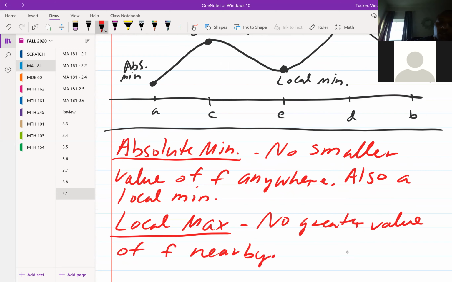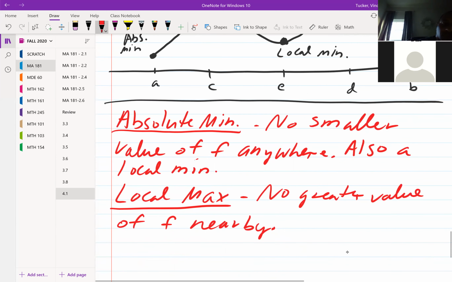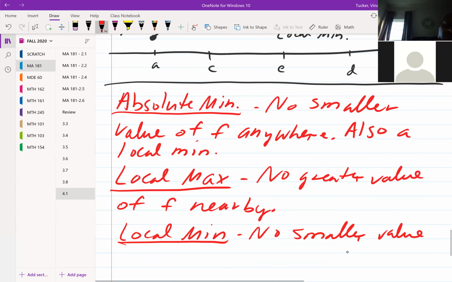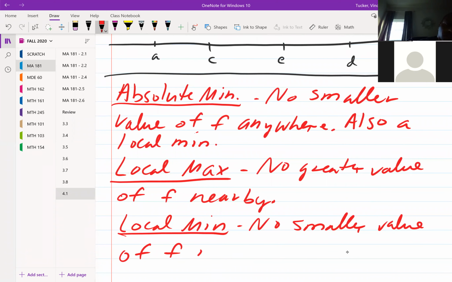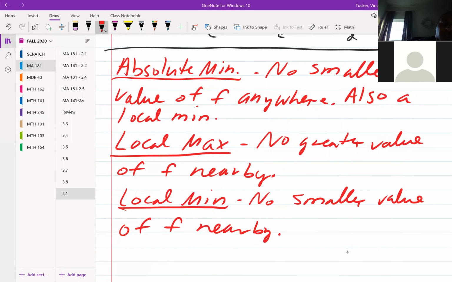So the local max at C, no greater value of f nearby. So that local min at E, no smaller value of f nearby.